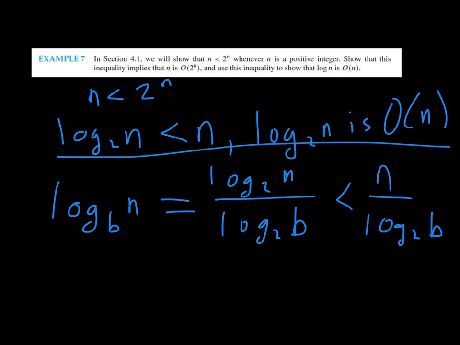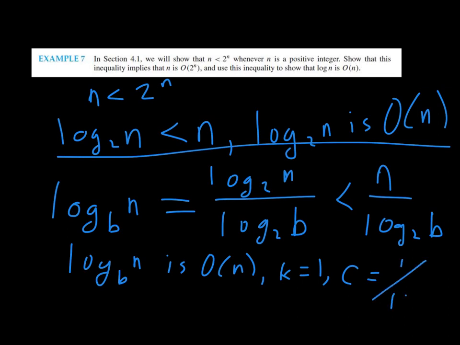That's a constant. So we get that log base b of n, where b can be any base you want, is O of n by taking k to be 1 and c to be 1 over log base 2 of b.